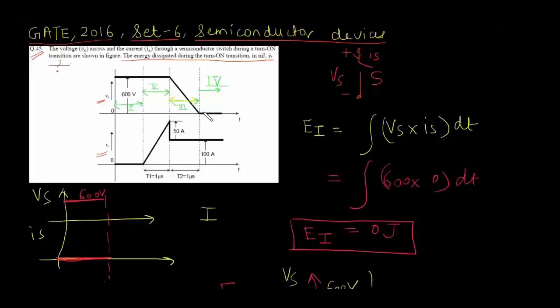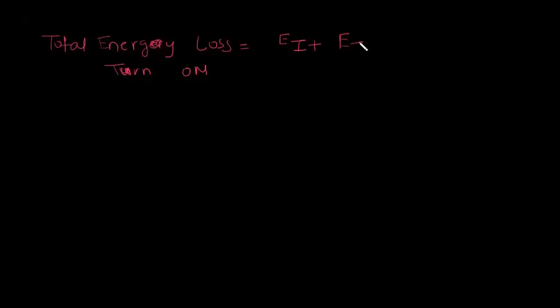So if you see the fourth interval, in the fourth interval, Vs is 0 and Is is 100 amp. If you multiply 0 with 100 amp, it will come to 0. So the total energy loss during the turn on transition is the energy dissipation during the first interval, second, third, and fourth.